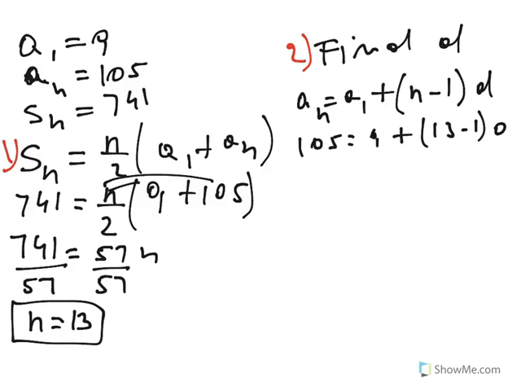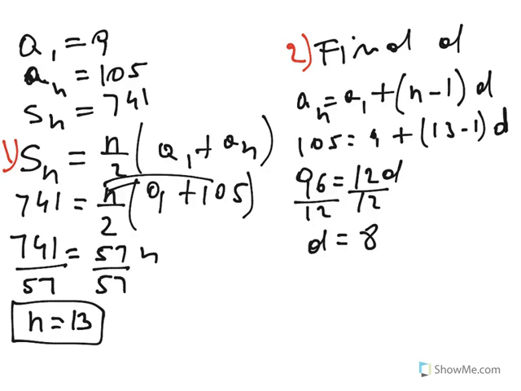So that's what I'm looking for, the common difference here. So I continue, 96 equals 12d. If I divide by 12 both sides, I have 96 divided by 12, which gives the common difference of 8.